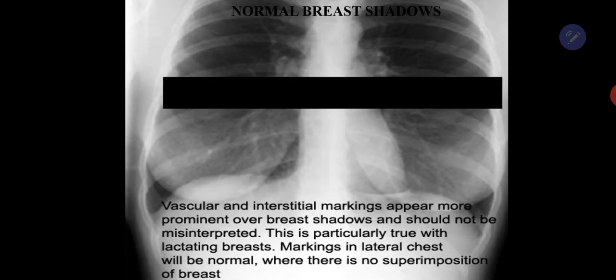And you can see this is a female patient, and about the vascular markings, the normal breast shadows also have a role to play. The vascular and interstitial markings appear more prominent over breast shadows. See, these are the breast shadows, you can see over here.